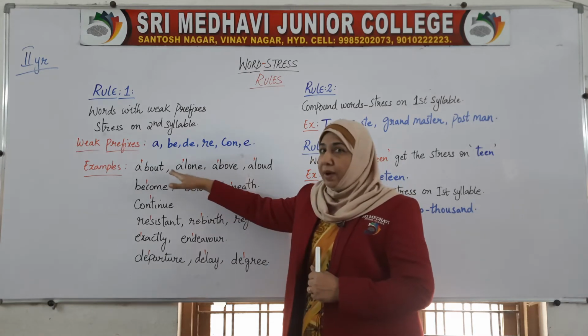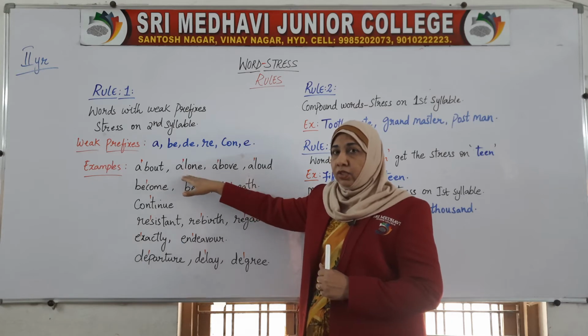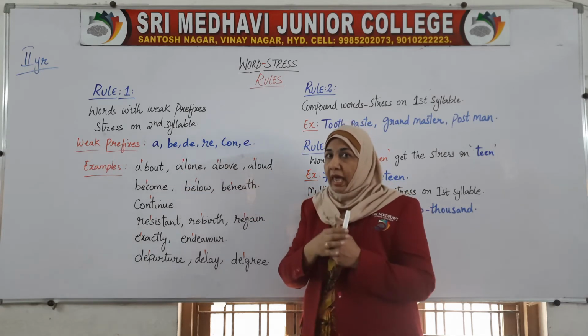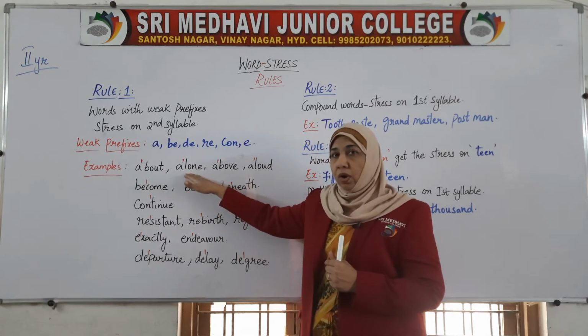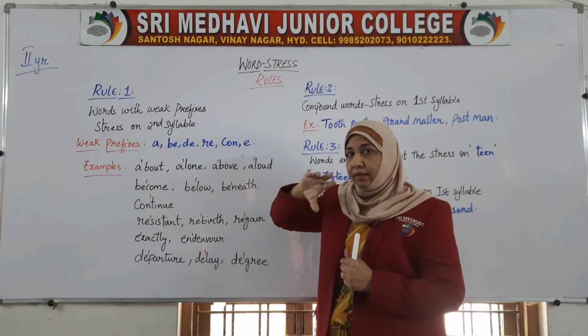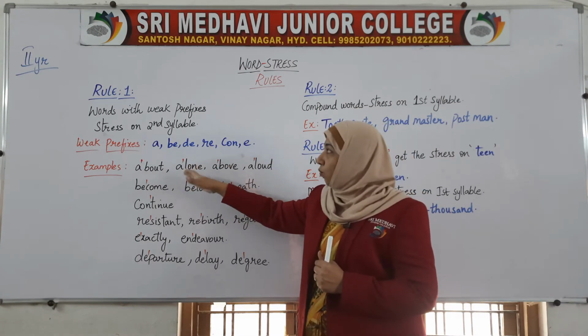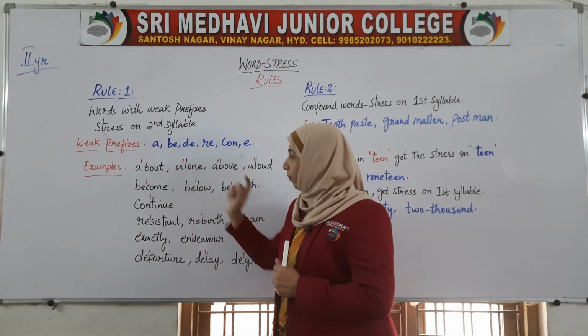Alone: she was going all alone. You are not stressing A, you are stressing 'lone' more. Here 'lone' is given more importance even though A is there. So we have to put the stress on the second syllable.